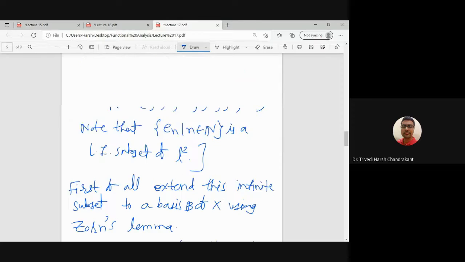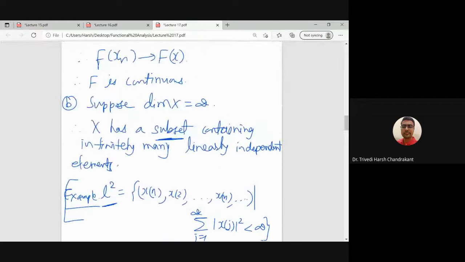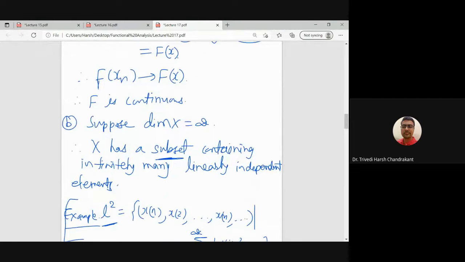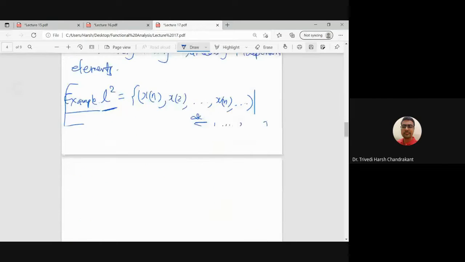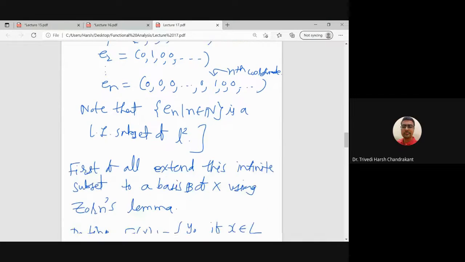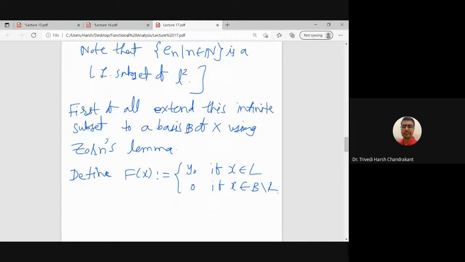What is L? L is this infinite set, the subset containing linearly independent elements. This linearly independent set we can extend to a basis, and on the elements of L we are defining y naught.